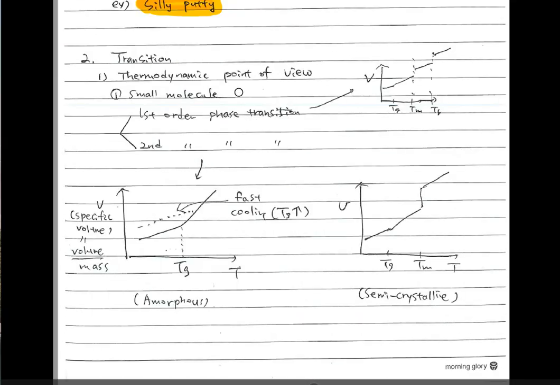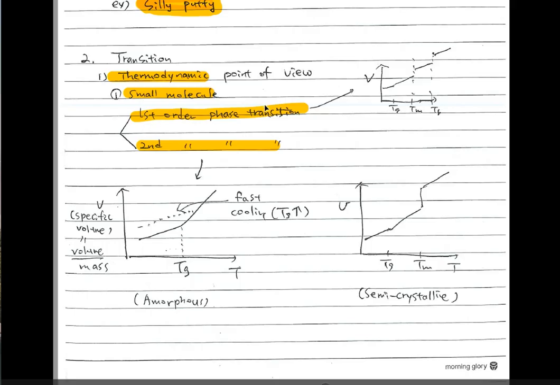First, let's consider this glass transition in terms of thermodynamics. If you recall from physical chemistry or thermodynamics class, small molecules have first order or second order phase transition. You might recall this, right? From chapter 4 of the Atkins physical chemistry book.